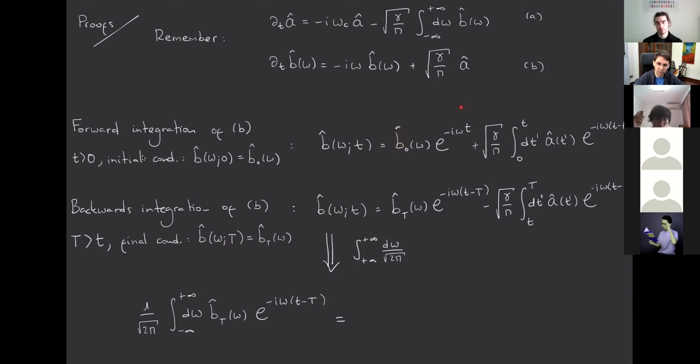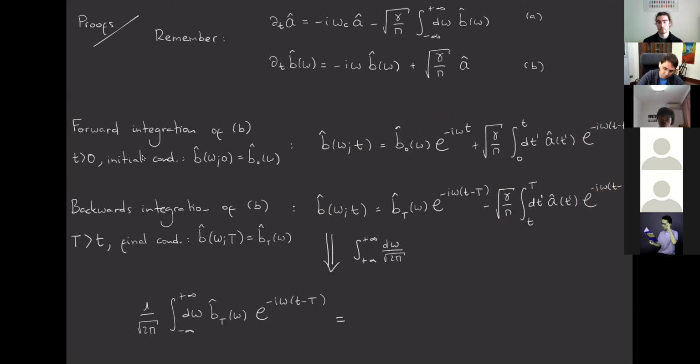When you do the integration in omegas in this term, so in the forward equation, the initial condition term, that's just the input operator, okay? And on the other hand, when you do the integration in omegas of the interaction terms, of the intracavity terms, then you see that you get delta functions because you are integrating in omega, and then you get the delta function of t minus t prime, okay?